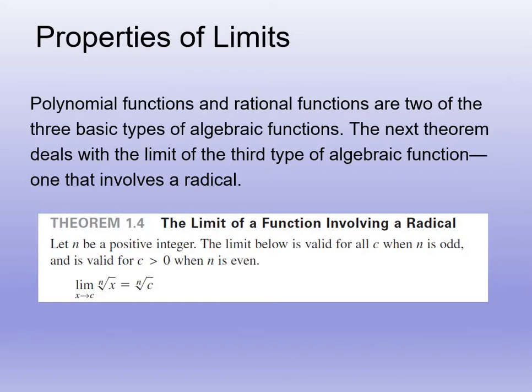It works for all c when n is odd, so if we have an odd root, but n has to be even. Why is that? Because we have to make sure that we don't have a complex or imaginary root. We don't want to end up with a negative square root in this scenario. Yes, that will work later on, but not for what we're learning right here with the basics. So we're not going to have anything in terms of i.